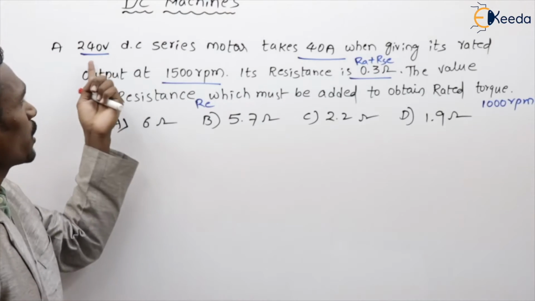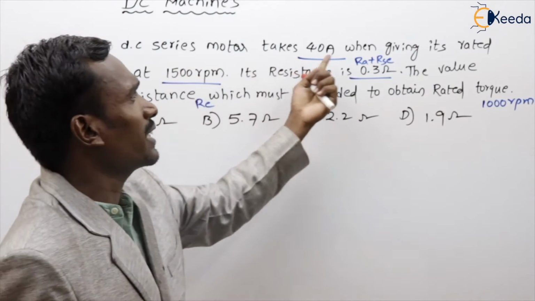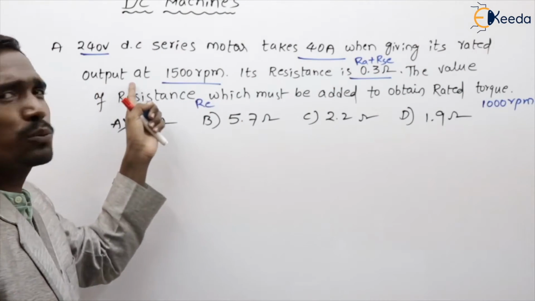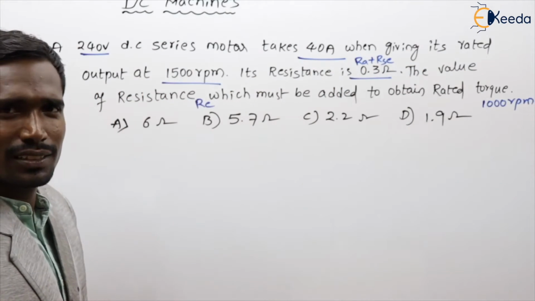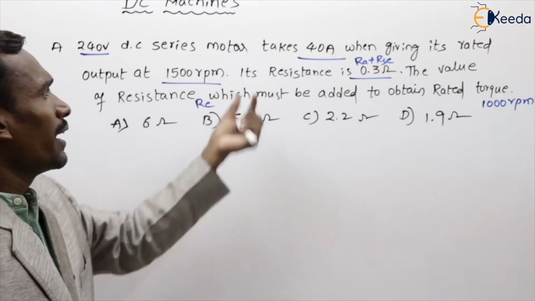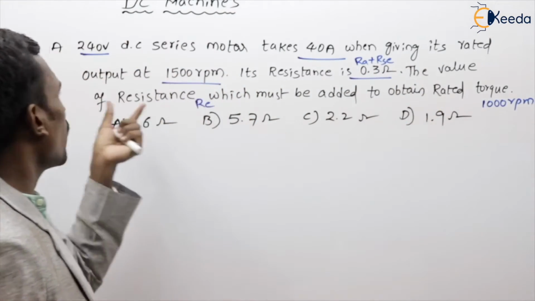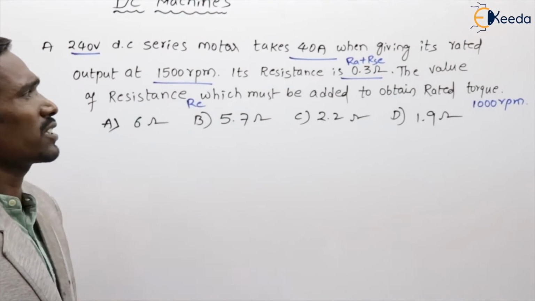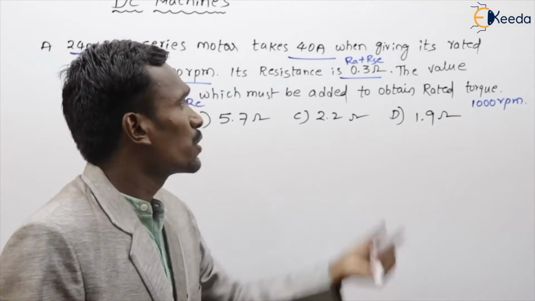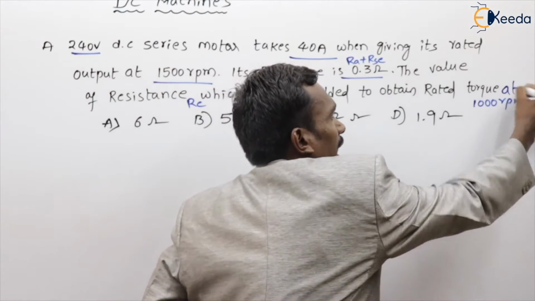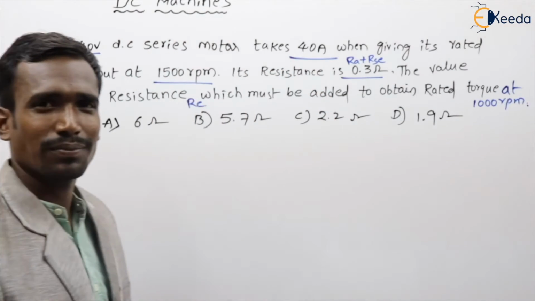What they have given: at 240 volts, a DC series motor takes 40 amperes when giving its rated output at 1500 RPM, and its resistance is 0.3 ohms. We need the extra resistance that must be added to obtain the rated torque at 1000 RPM.